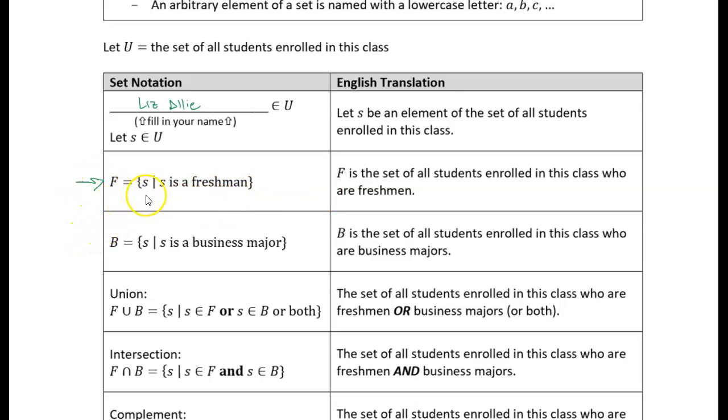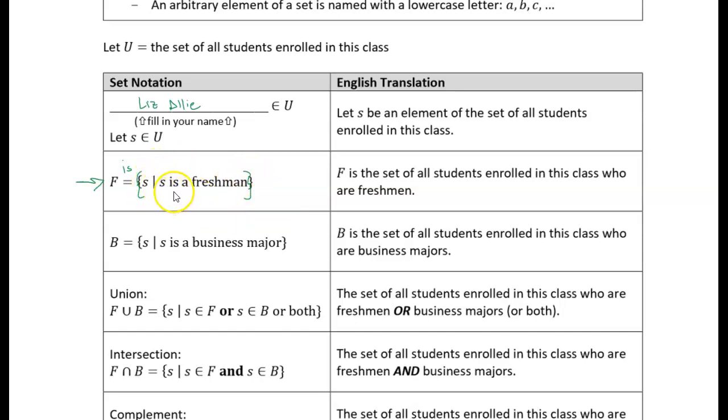This mathematical statement has F equals, and then curly brackets, and S, and this line. Here's how you read this. F is, the equals is basically is, the set of all. These curly brackets we can read as the set of all.